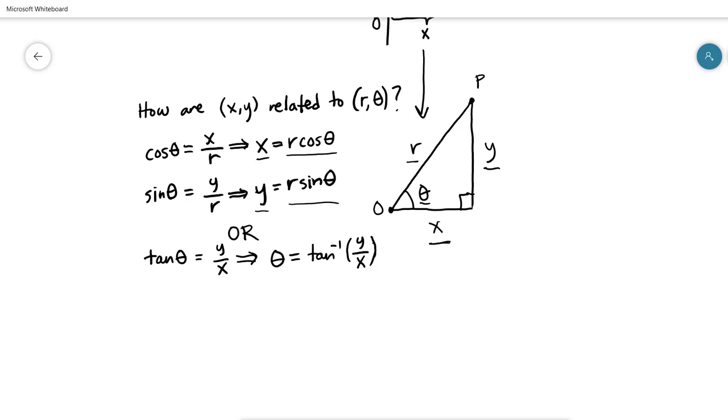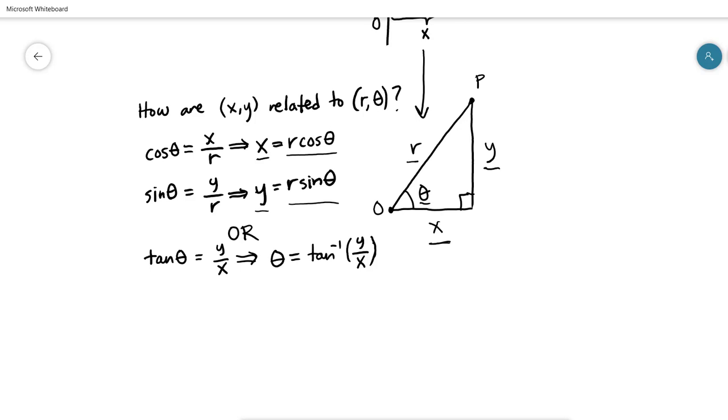Similarly, I want to look at a relationship that relates only x, y, and r without having to worry about theta. That way I can try to solve for r in terms of x and y. In this case, the relationship that relates those three sides, because it's a right triangle, is just the Pythagorean theorem.